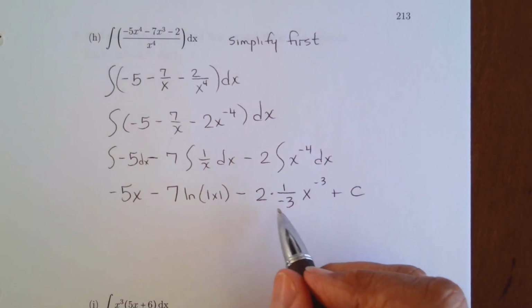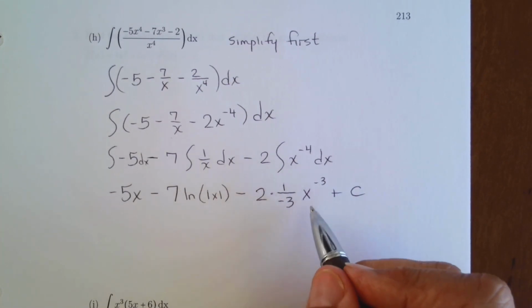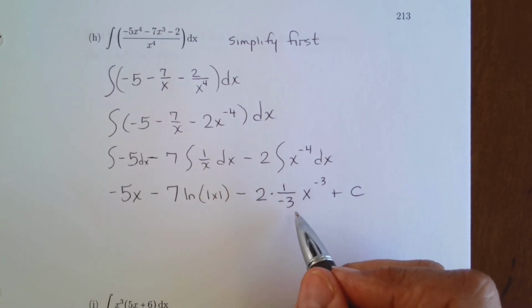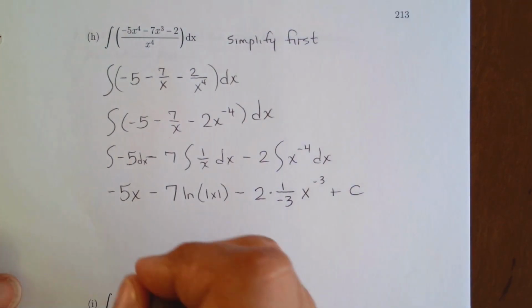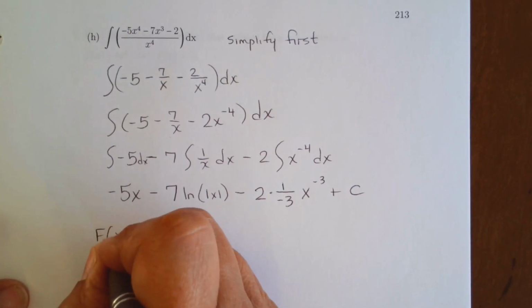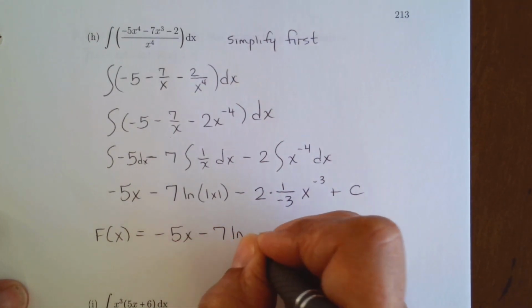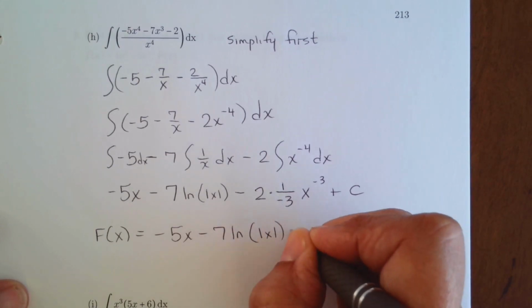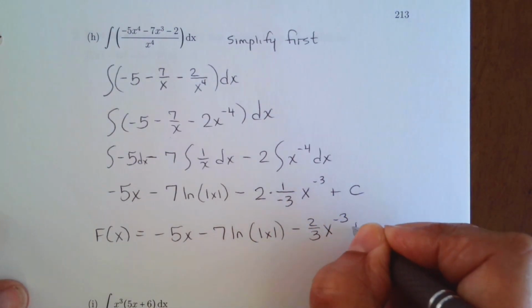So all we have to do is simplify that, which is just negative 2/3. You can write this x to the negative 3 in the denominator, make it x to the 3rd down here, but you don't have to. So we're just going to clean that third term up. So negative 5x plus 7 natural log of x minus 2/3 x to the negative 3 plus c.